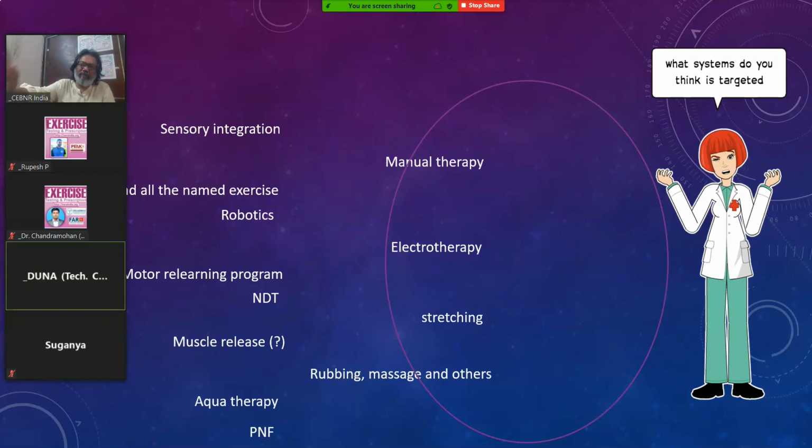If you touch somebody, a lot of people think that you are treating the muscle. But the first thing you get is an impulse to your brain. The brain assesses that impulse, thinks whether it is good or bad, and then secretes neurotransmitters accordingly.